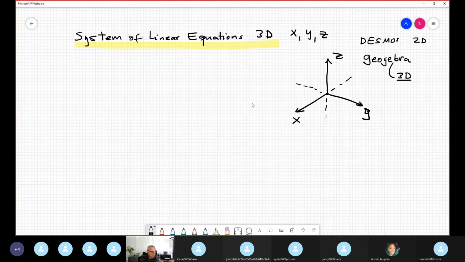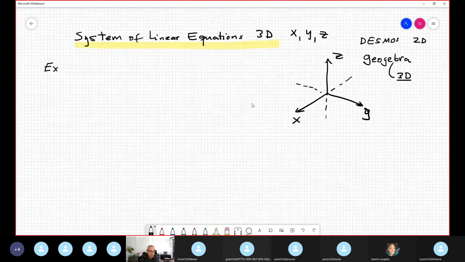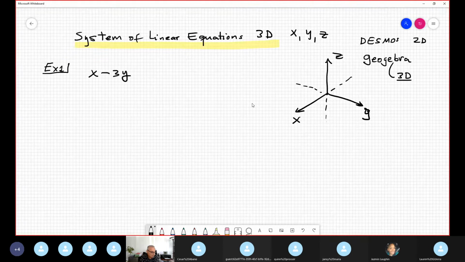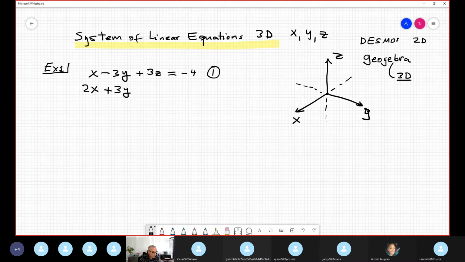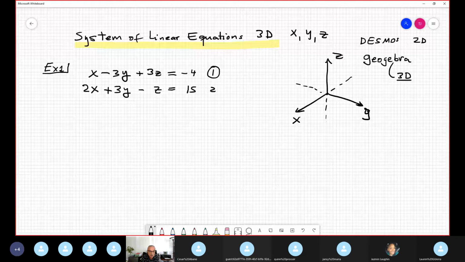I bring for you one new example. Example 1 of the 3D: x minus 3y plus 3z equal -4. This is my first equation. 2x plus 3y equal 15.